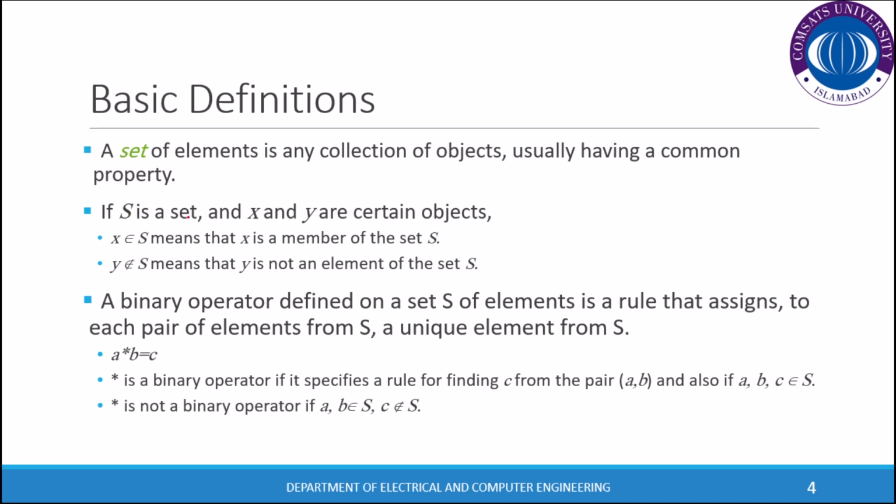If S is a set and X and Y are certain objects, we can write X belongs to S. It means that X is a member or an object of the set S. Y does not belong to S means that Y is not a member of the set S. For example, again, if I say decimal numbers, I can write that 9 belongs to the set of decimal numbers.